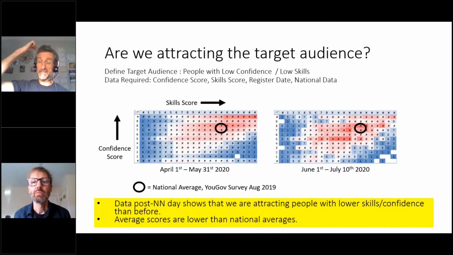But we know from our data, and also from other data collected from the Money and Pension Service, for example, there's a significant number of people who are either overconfident, particularly amongst young males, or people who are what they call self-doubters. So they're a small but significant minority of people that have the skills, but don't have the confidence. And I'd say they're a real key target for us.